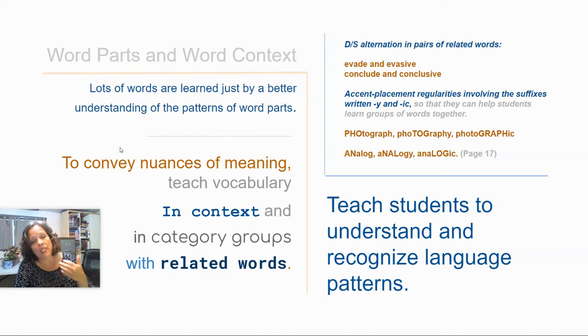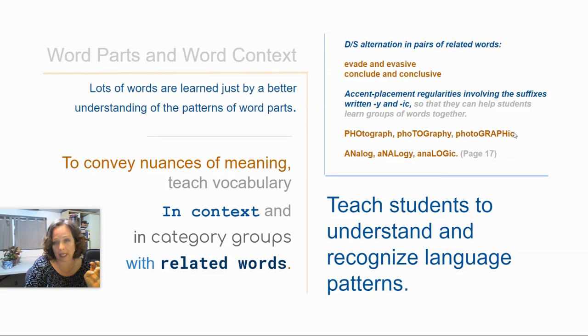Also, when we're teaching these patterns, here's an example that I'm just going to share real quick. It has to do with accent placement, and the pattern involved around suffixes ending in Y and IC. So the base where there's photograph, the accent is on that first syllable. When we add that Y for photography, now the accent is on that second syllable.